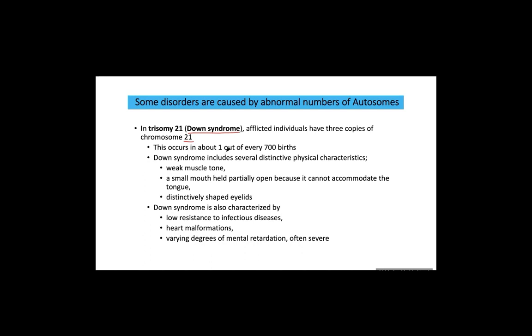And Down syndrome includes these kinds of characteristics: very weak muscle tone and a small mouth, and the mouth is usually open to accommodate the tongue, and the eyelid is distinctively shaped. Okay, also the heart formation is not normal, and they can be easily infected.